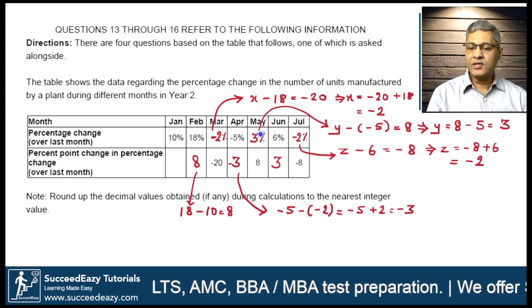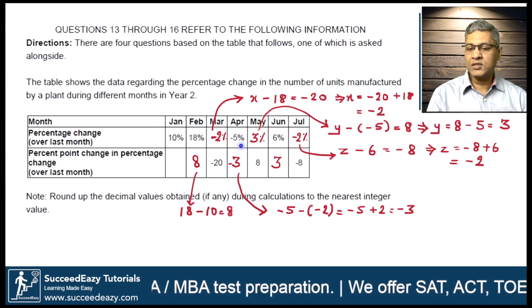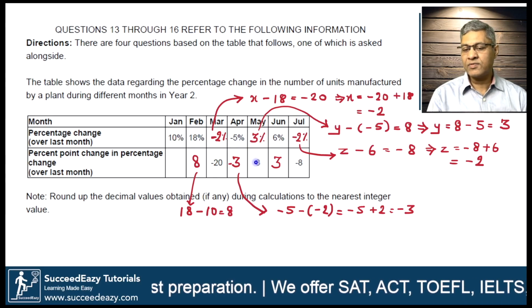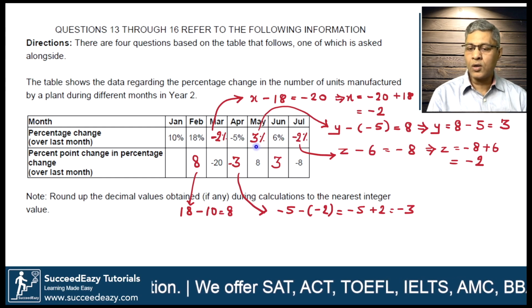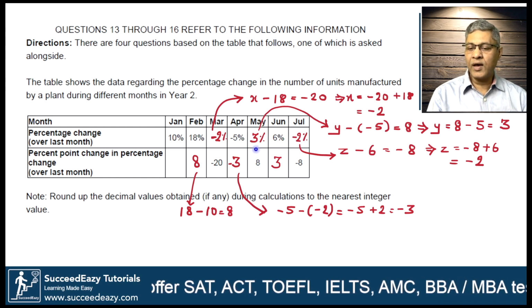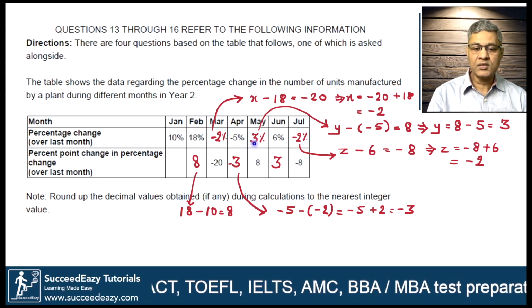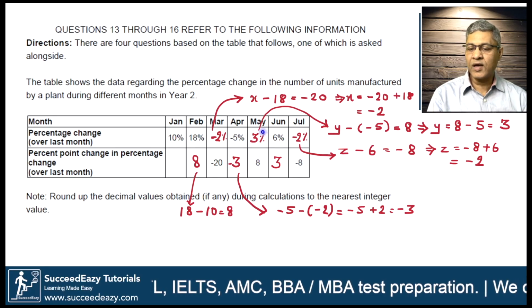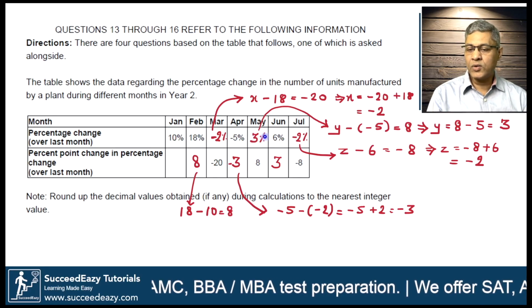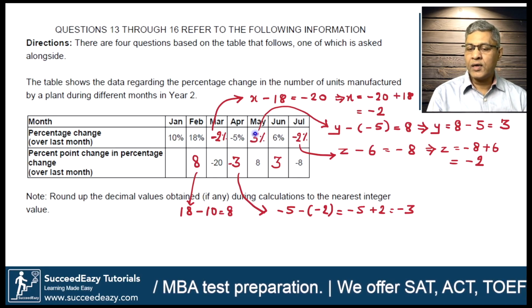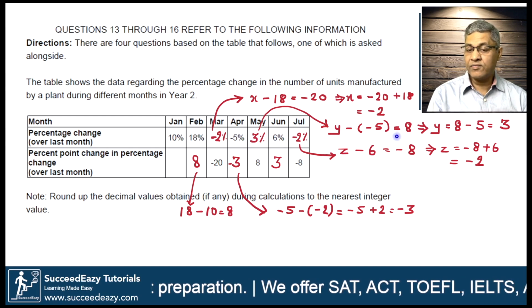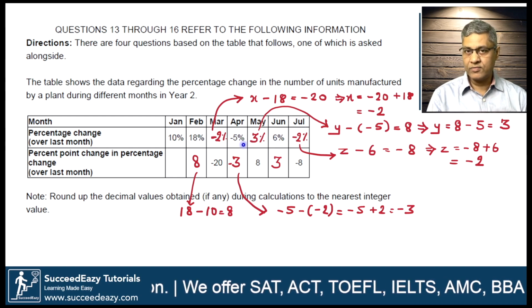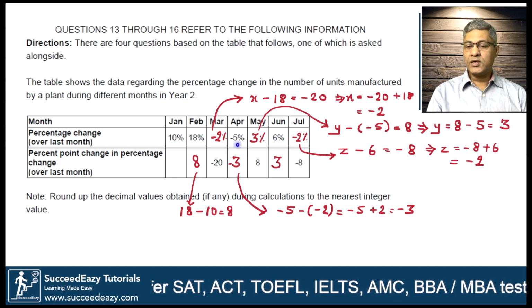Same way, they have given 8 over here and minus 5 over here. Either you add minus 5 and 8 to get 3%, or if you consider this value, the percentage change over last month value for May for year 2, as y, then y minus of minus 5. Remember, it is not y minus 5. That will be wrong. So here it is minus 5.